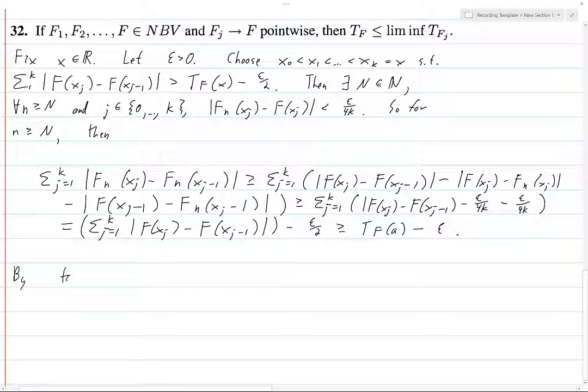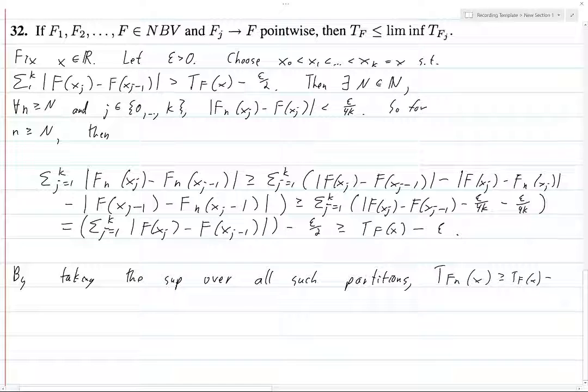By taking the supremum over all such partitions, we get Tfn of x is greater than or equal to Tf of x minus epsilon.